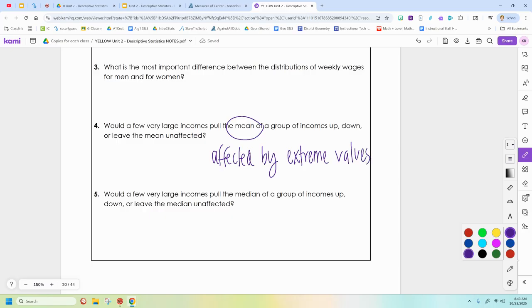And so if we put a lot of extreme values up at the top, the mean will be greater than the median.